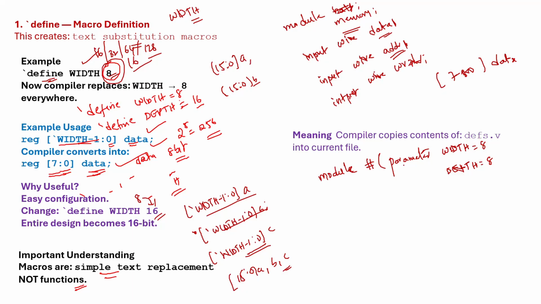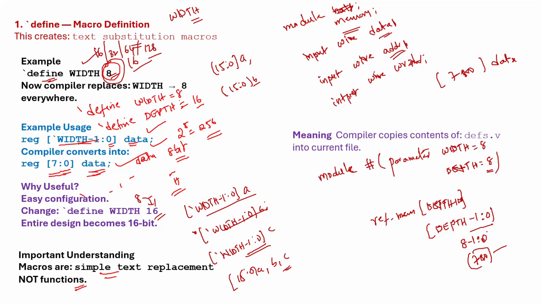Suppose one reference memory you are utilizing, this is my reference memory. In this reference memory you are utilizing this depth, depth minus 1 down to 0. Why am I taking depth minus 1 down to 0? Because it is starting from 8, so 8 minus 1 down to 0, that means 7 down to 0. 7 down to 0 means 8 bits will be considered, right?